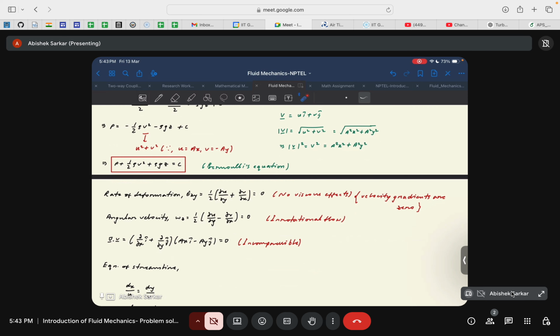The reason behind reaching this form of Bernoulli's equation for an arbitrary velocity field is because this velocity field is indeed not arbitrary at all. It is devised in a way that, as you can see, the rate of deformation is 0, and more importantly it is incompressible as well as irrotational, okay.